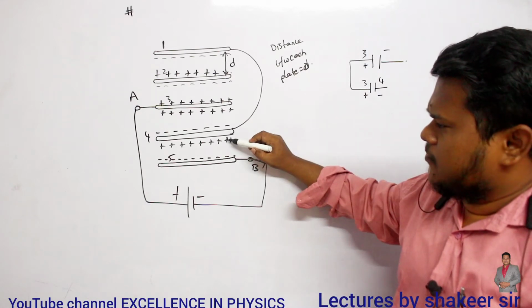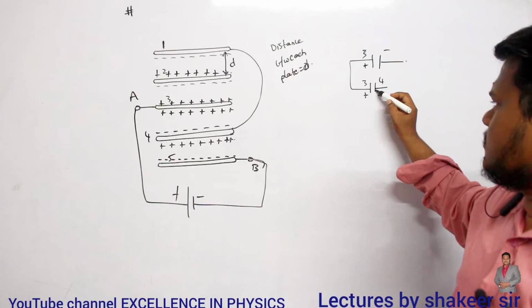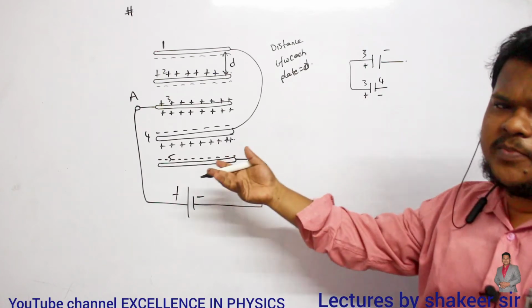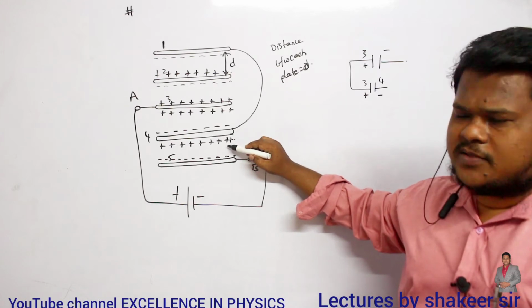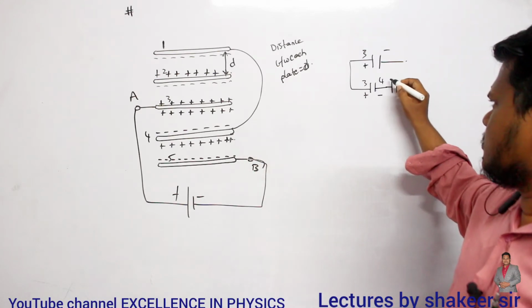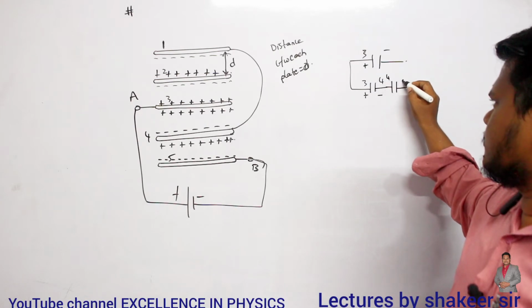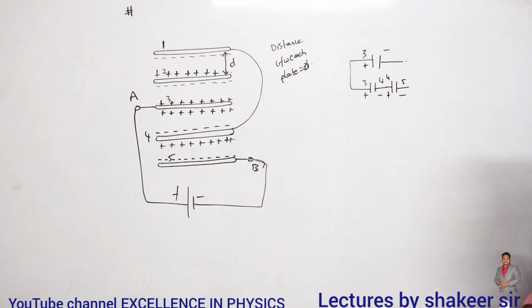From the same 4, next I can go to 5 also. How can I go? Because if this is a negative plate, the next one should be a positive plate. So on the same 4th plate, the other side behaves like a positively charged plate. So this is 4 and this is 5. This is positive and this one is negative.